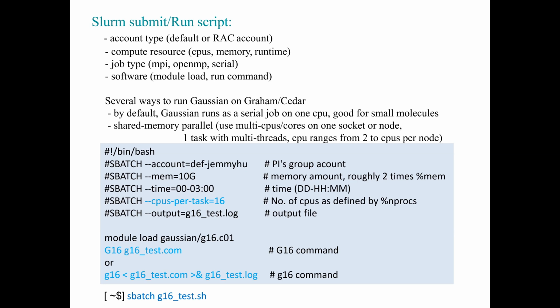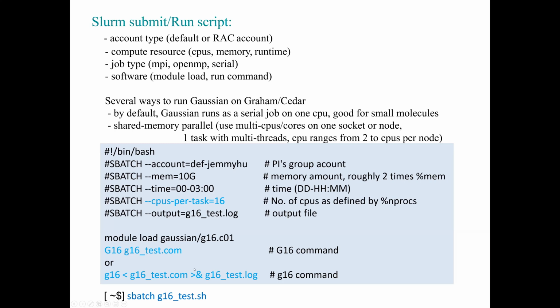We also define the output file name. So you simply type capital G16 and your input name, for example name.com, and then your output file will be name.log. That's what the capital G16 script does.